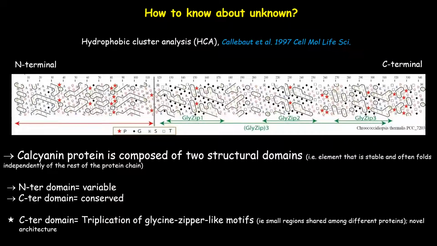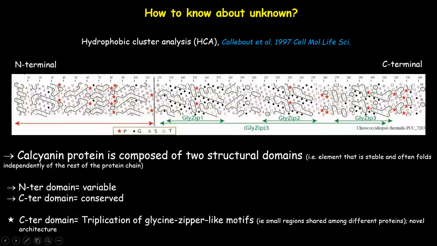And yet, there are some magicians who can tell something about unknown things using some approach, here the hydrophobic cluster analysis, and I won't dwell on that. Here what you see basically is a way to represent the amino acid sequence of this protein, the calcianine protein.